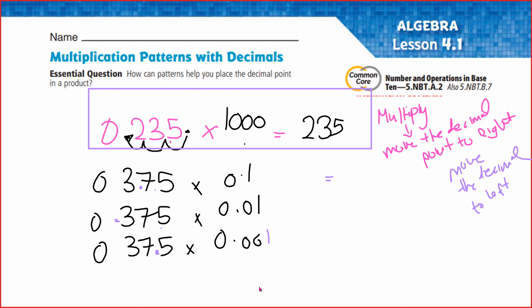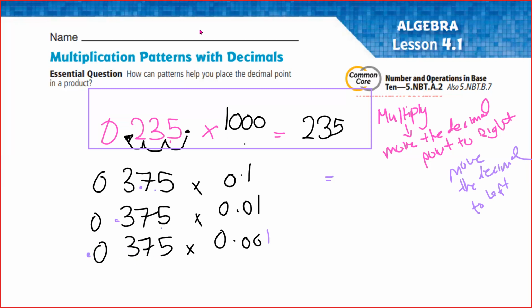Now, when you multiply by 0.001, how many digits after the decimal point? 3. We have 3, bravo. So I will move the decimal point 1, 2, 3.